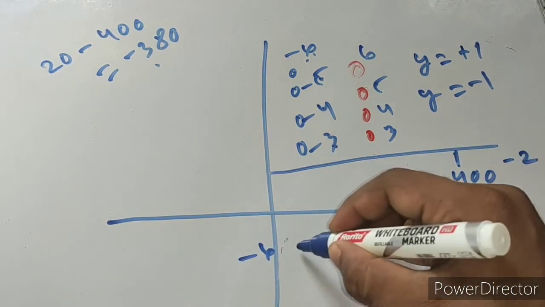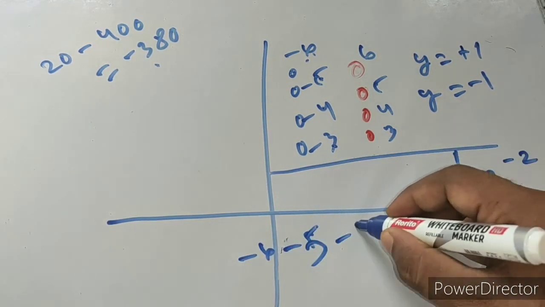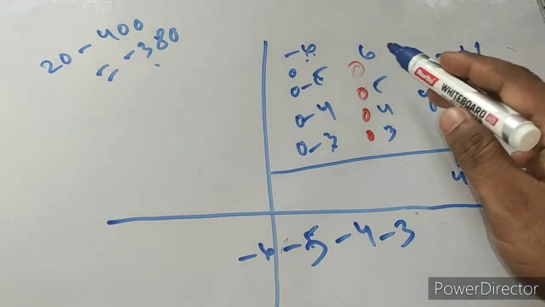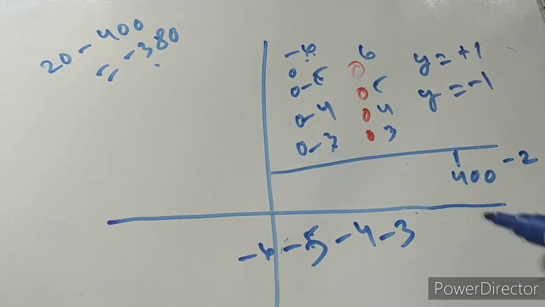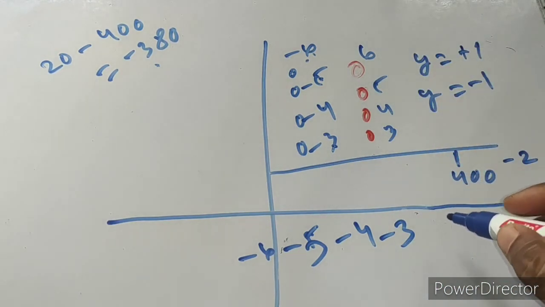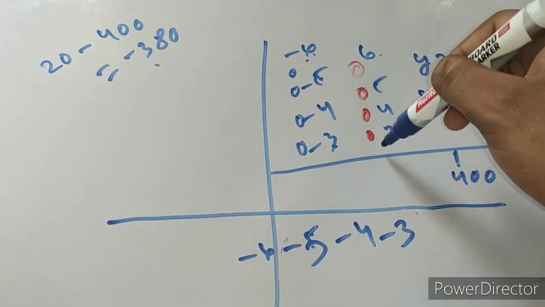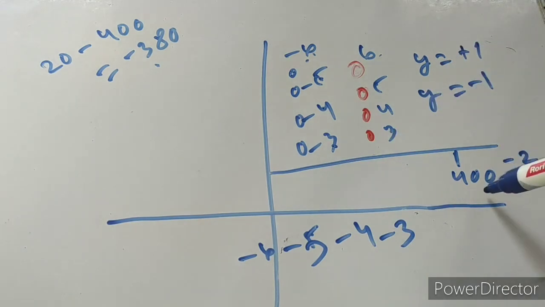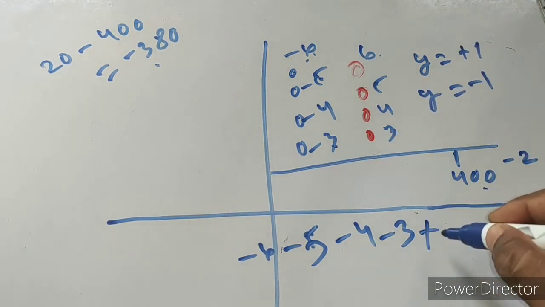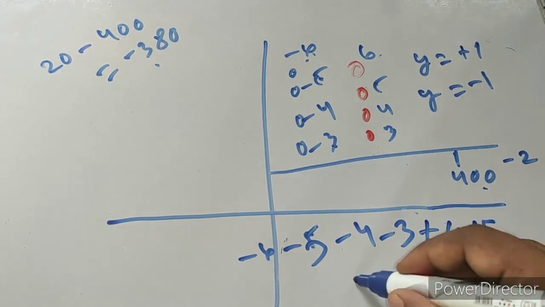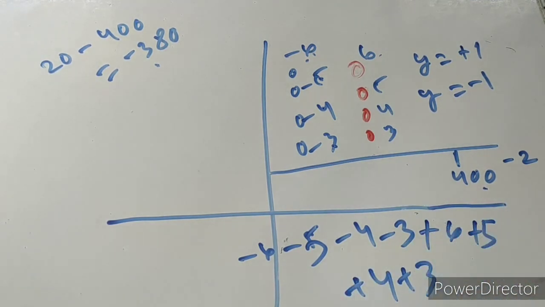So minus 6, minus 5, minus 4, minus 3. This 6 is above the line. So 6 into plus 1 again, because this is also above the line. These points are above the line. This is the only value which is below the line. So we can consider 6 plus 5 plus 4 plus 3.